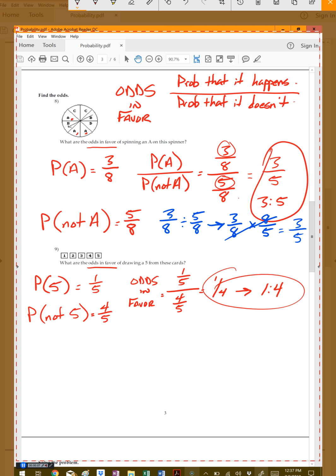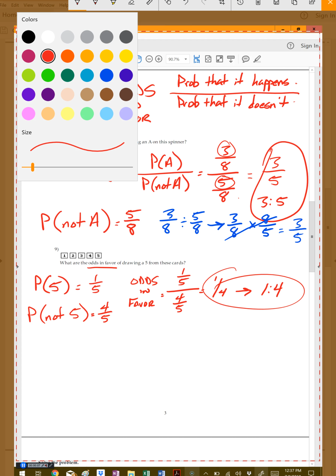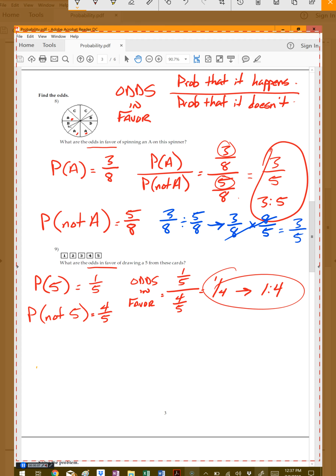Okay, so odds against. Odds against is essentially just an inversion of the odds in favor. So I'm going to swap pen colors again. Odds against, and I'm going to shorthand this definition. It's going to be the probability of not whatever A is divided by the probability of it happening.